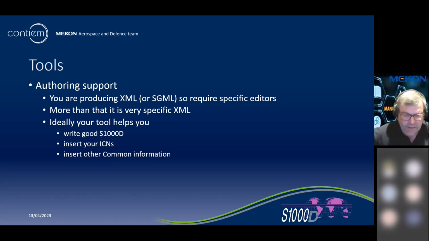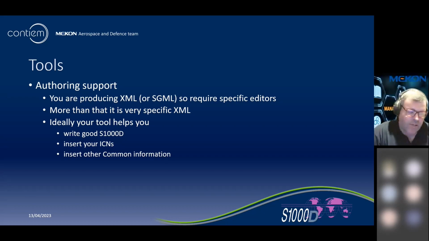I mentioned some of the S2000, S3000 stuff. Well, S1000D has the concept of common information repositories, which is a data module that can contain lists. It could be a list of spares, a list of tools, it could be a list of warnings and cautions. I could have had my legal team go through my warnings and decide exactly what the wording is so that there is no ambiguity.